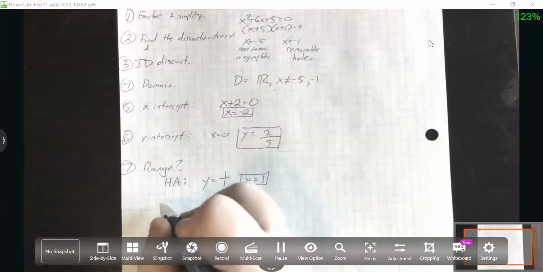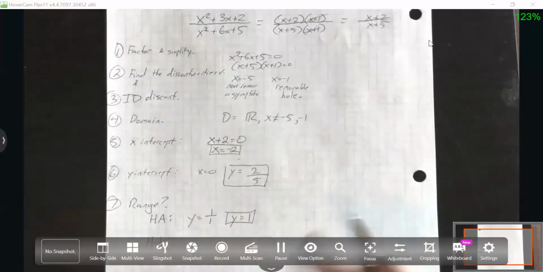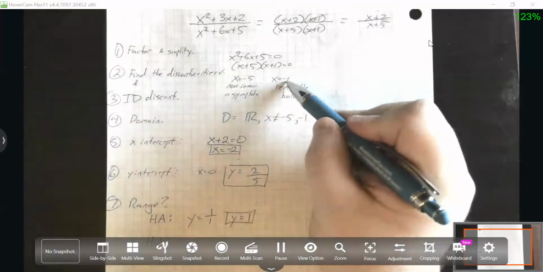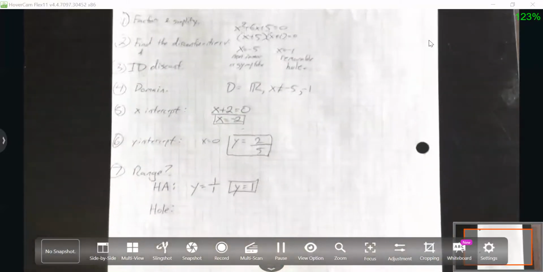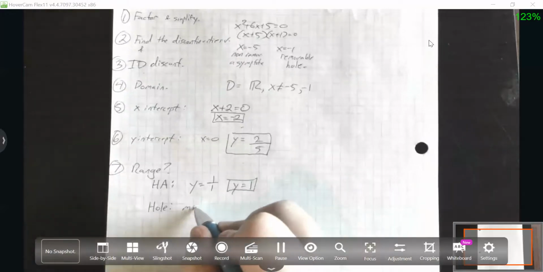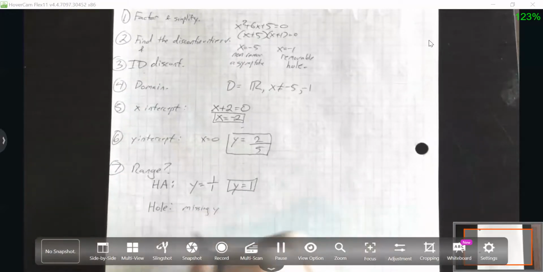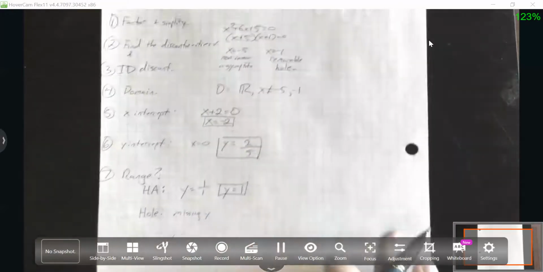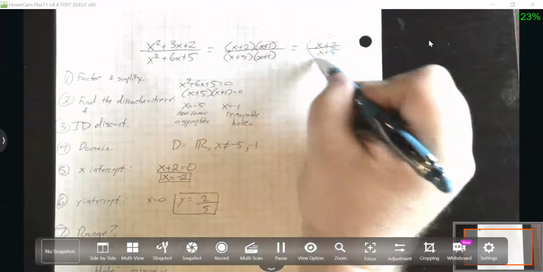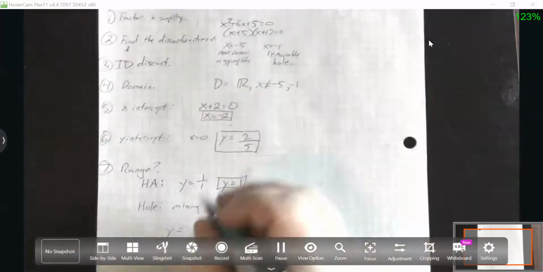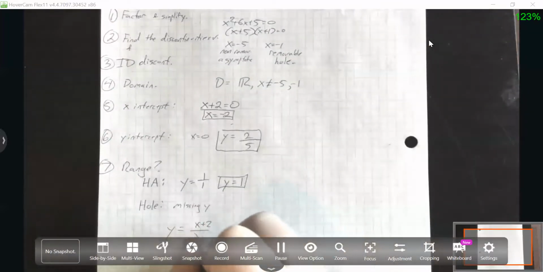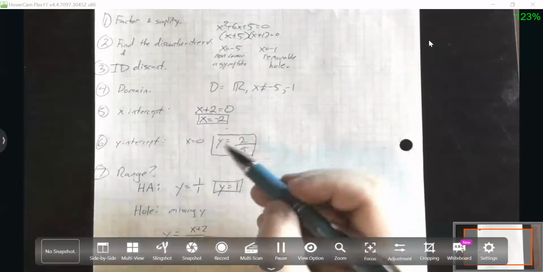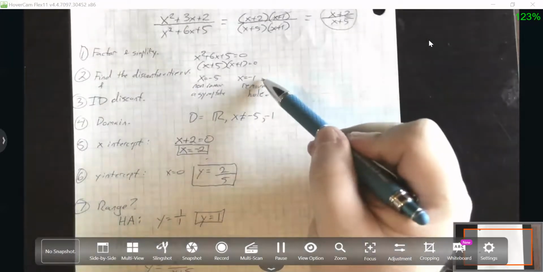Our next step is to check the hole. Okay, so is there a hole? This problem did have a hole at x equals -1. So to find our missing y value, I'm going to take y equals our simplified version here, x plus 2 over x plus 5, and plug in the missing x value.